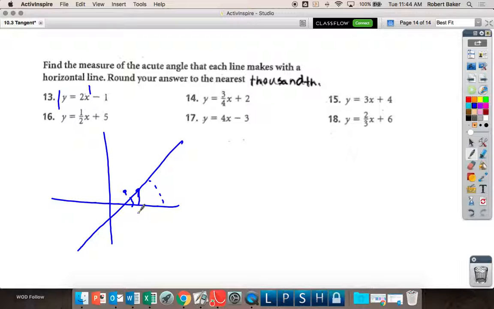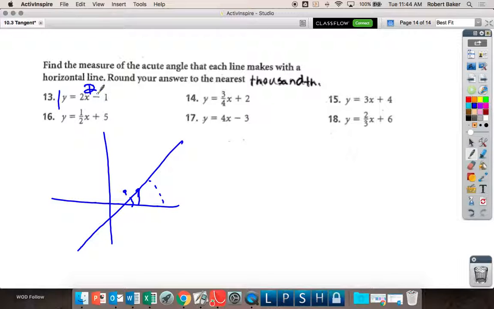So what if you put a 2 in there? If x is 2, then y is 3.